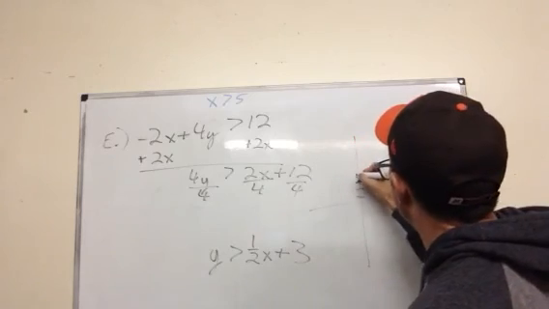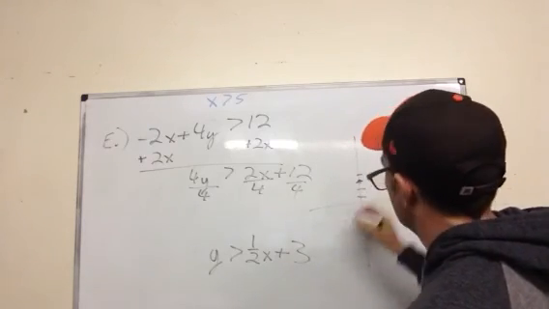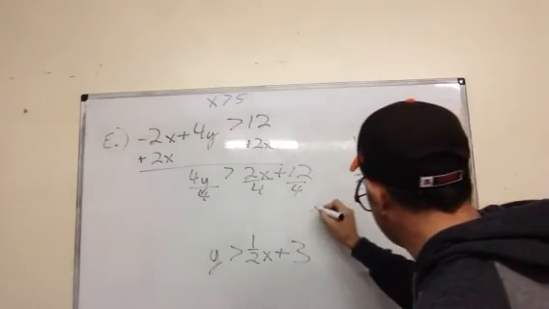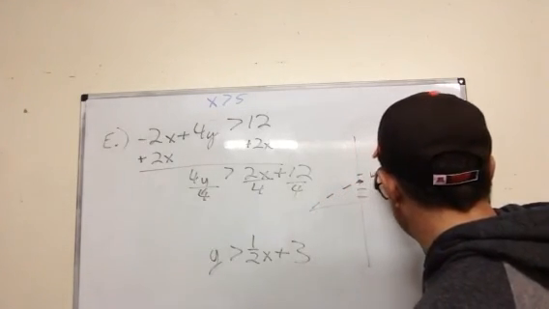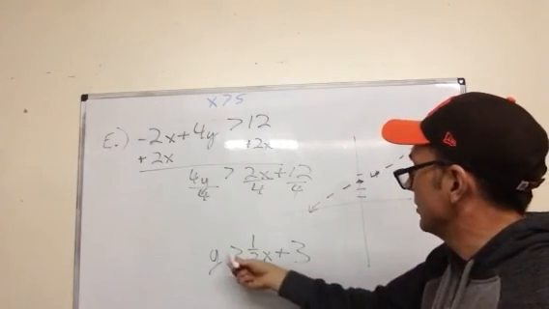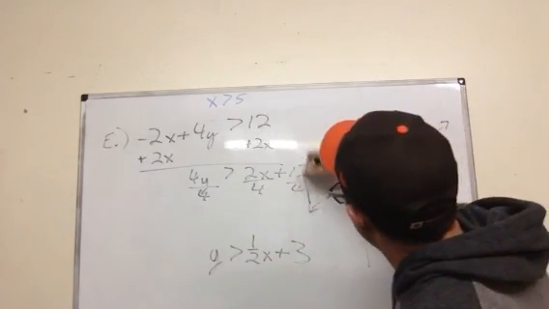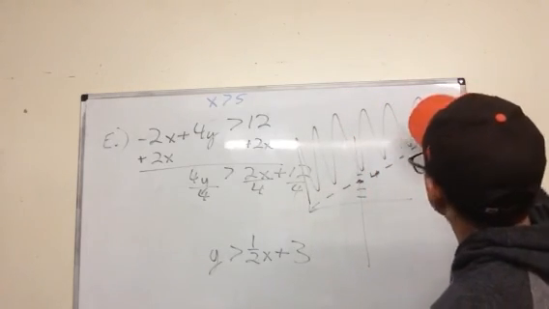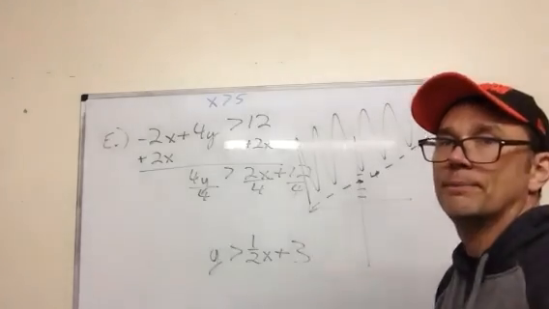My slope is up 1 over 2. It's just a greater than sign, which means this has to be a dashed line. And because it's greater than, all of this up here is a solution. We're going above the line.